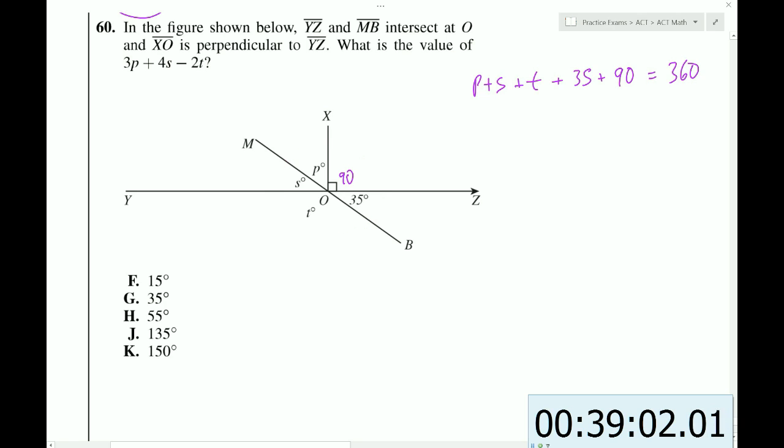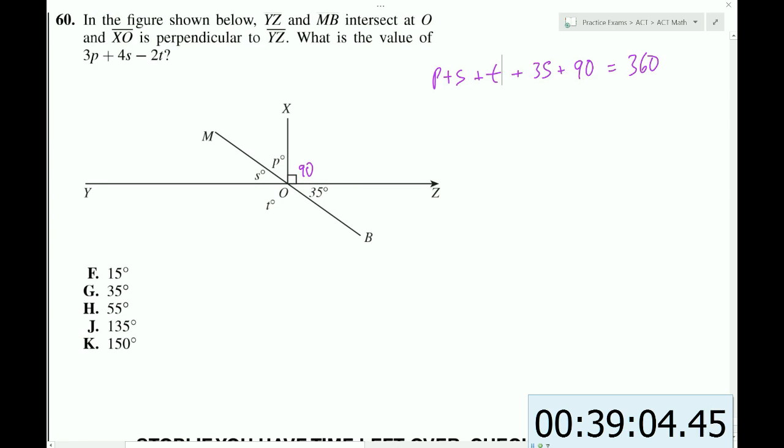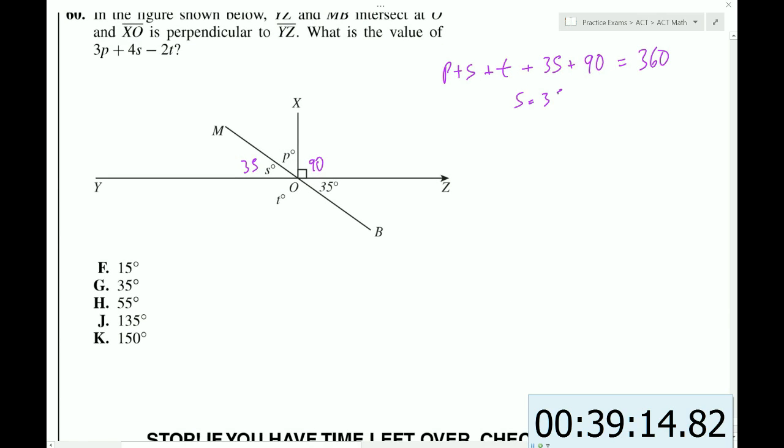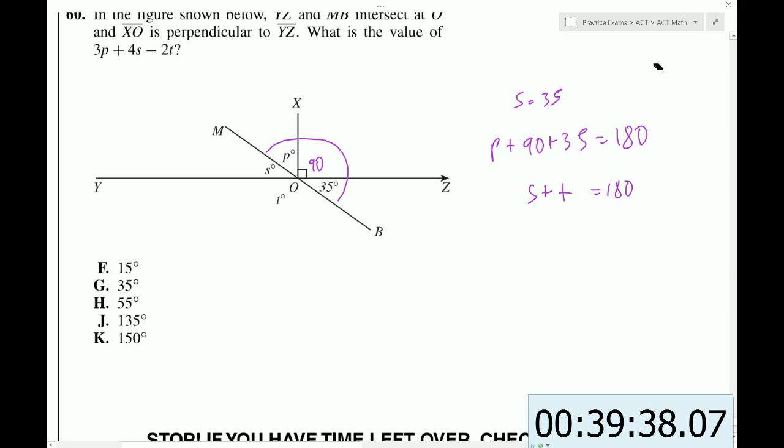Right? So that's one equation. My next intuition tells me that 35 and S are equal. Right? So S equals 35. Right, so I can say that these make 180. P plus 90 plus 35 is 180. And similarly, S and T by themselves is 180. And there will be some redundancy here. So I'm going to get rid of this first equation then.